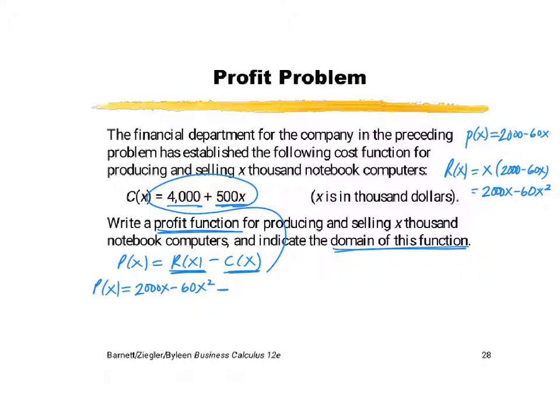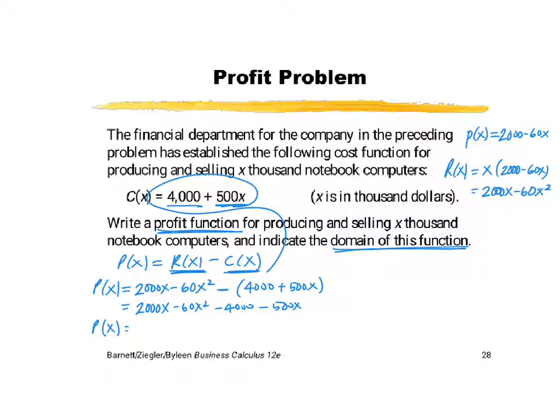Since I'm subtracting that whole quantity, I'm going to put it in parentheses so that I don't forget to distribute the negative, or subtract each term within that function. So we have 4,000 plus 500x. If we simplify here, we have 2,000x minus 60x squared minus 4,000 minus 500x.